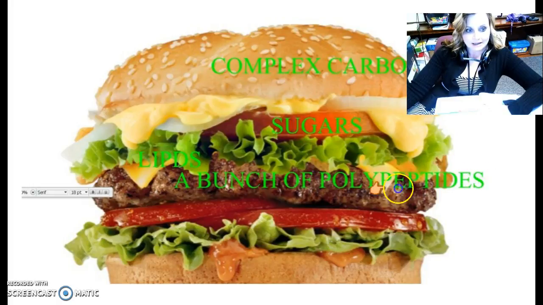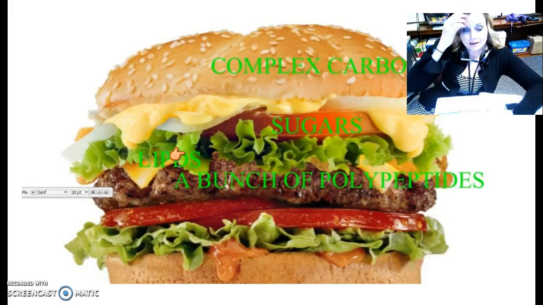Polypeptides, these are proteins, which you can use for energy as well, but a lot of the stuff in here helps to make the proteins in your body. And lipids, fats, that you actually do need in order to maintain what we call homeostasis, which is a state of everything being in equilibrium, everything being in balance, and essentially you not being dead.